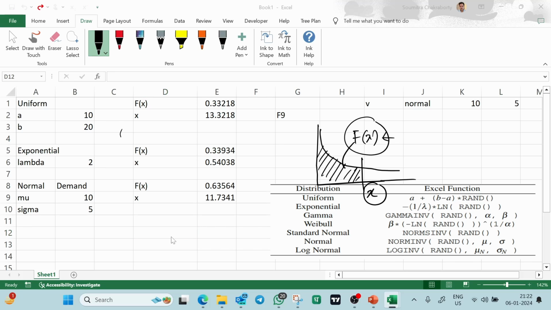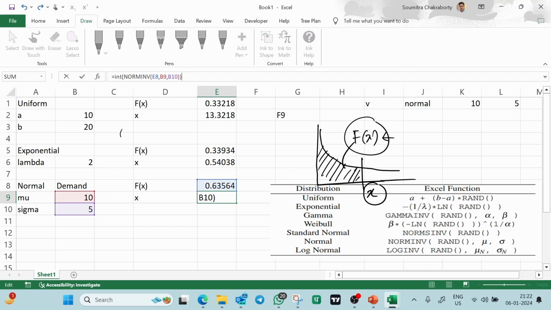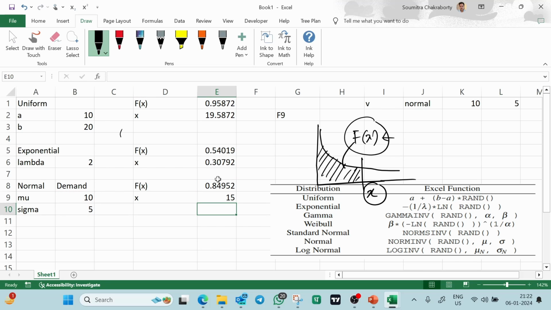No, it will be an integer. Therefore sometimes it is important that we use an INT function like this. The entire thing will be inserted into an INT function. This will make sure that the value becomes an integer. So actually this may be 3 point something, and the integer formula truncates that to 3. So in this way you will write this formula.